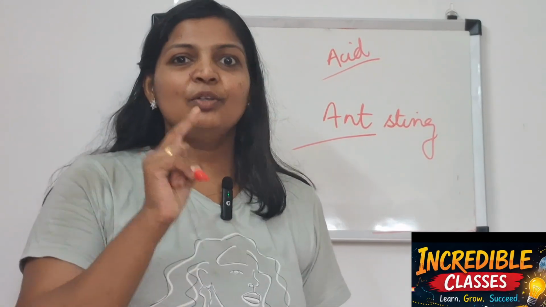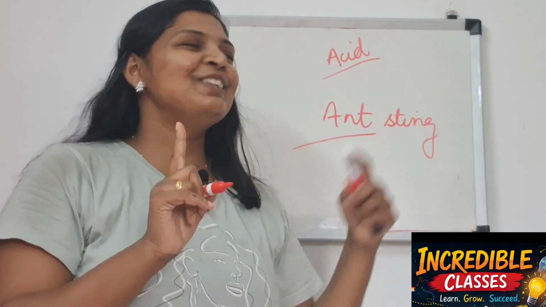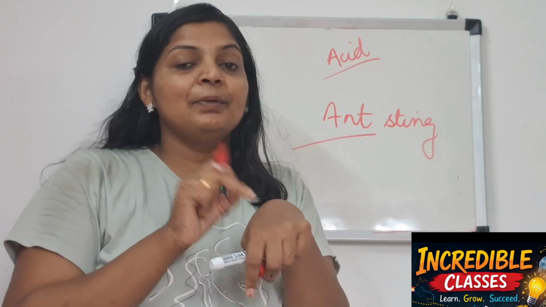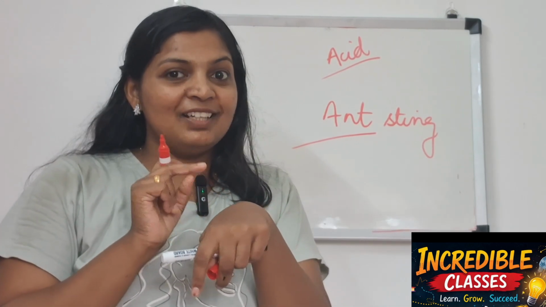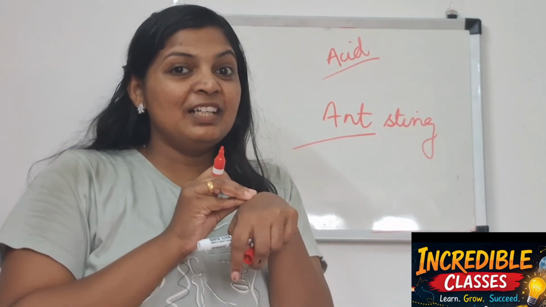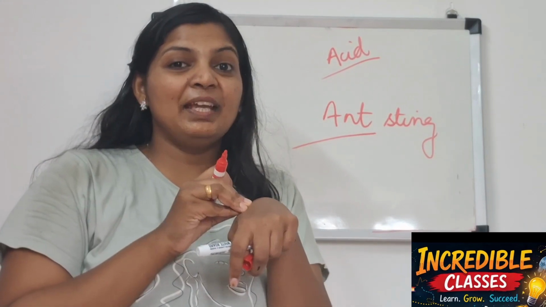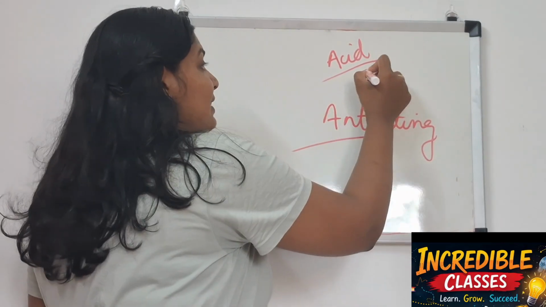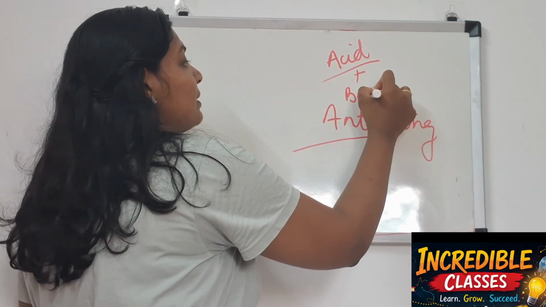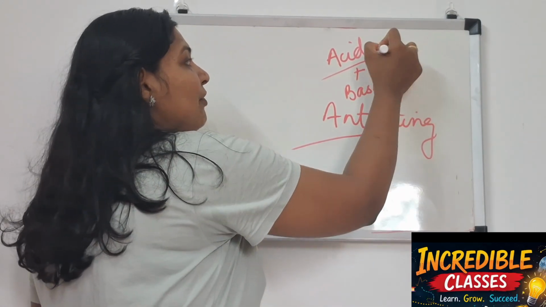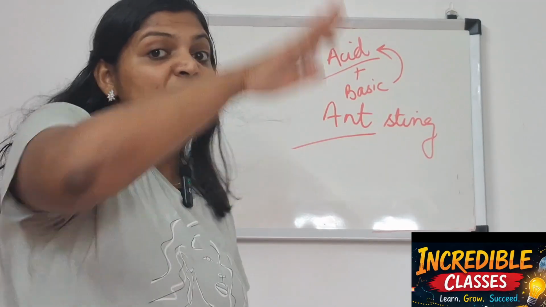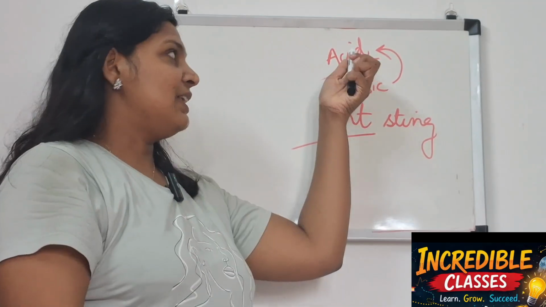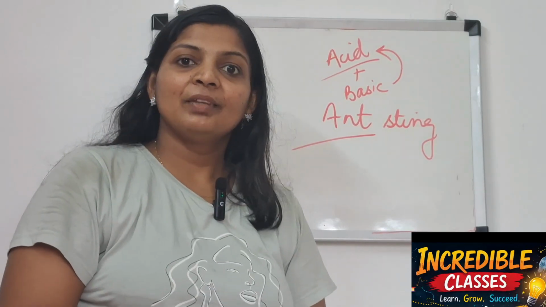Comment down. I want to know how much you know. That I can tell you, the ant has inserted a particular acid into our skin. That is why it burns or we feel pain. And then we apply any basic substances. Why? So that the effect of the acid gets reduced.